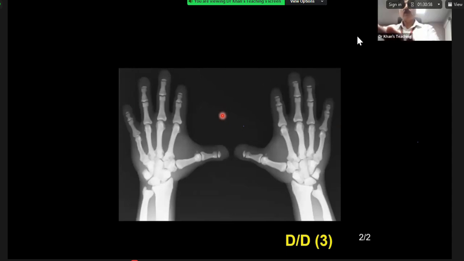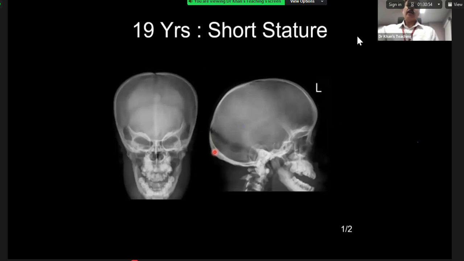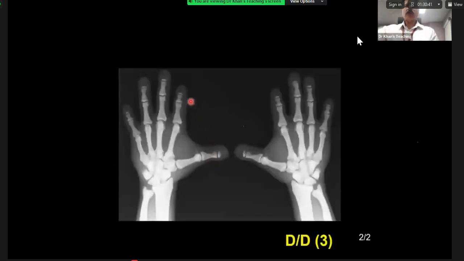Acroosteolysis, right. So now in pycnodysostosis also, clavicles can be absent, or part of the clavicles can be absent. There can be Vermian bones and things like that. Acroosteolysis can be there. In cleidocranial, usually there is no acroosteolysis.